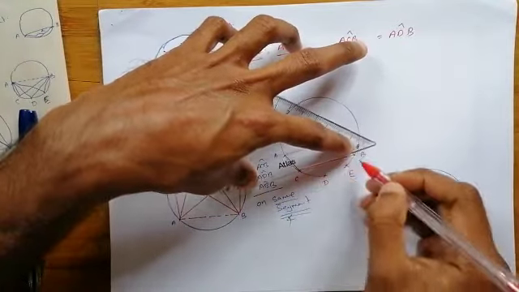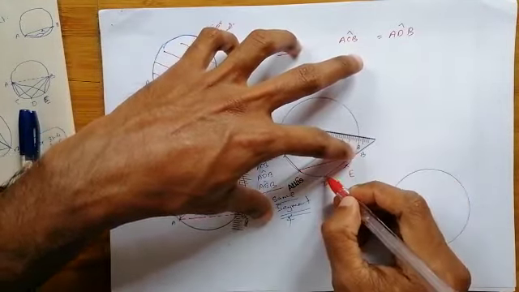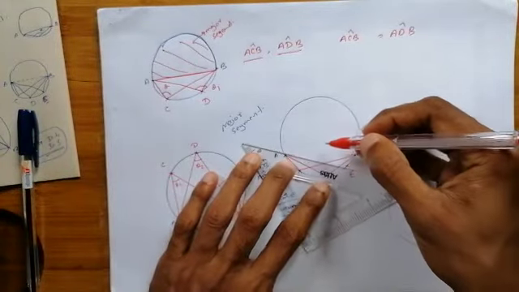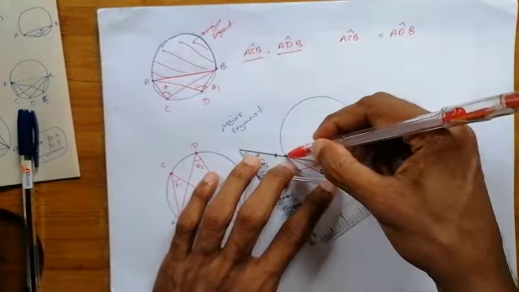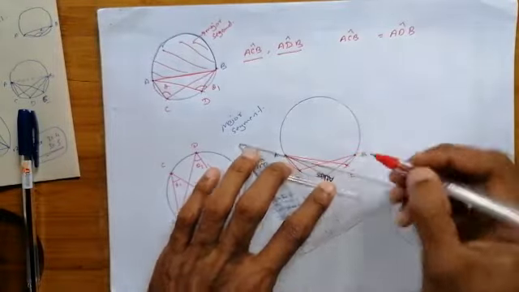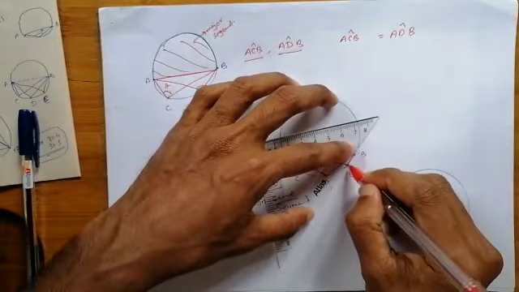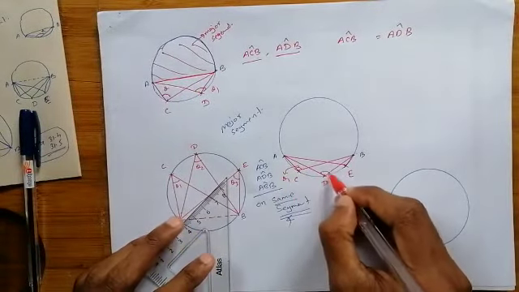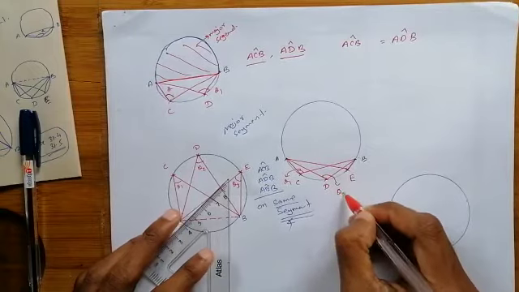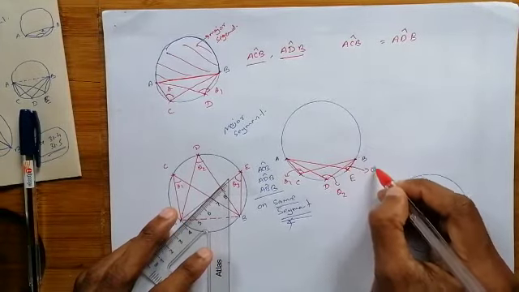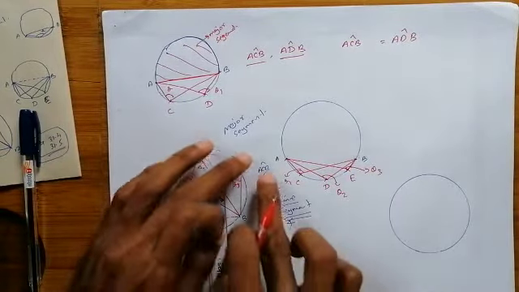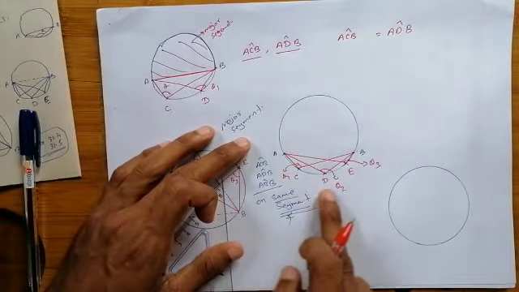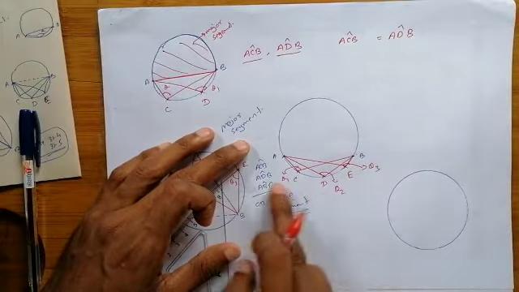If you connect the ending points, you have the angles. Using the first theorem, we are connecting the ending points. This is theta 1, this one is theta 2, the other one is theta 3. The major arc AB is subtending angles at C, D, E.